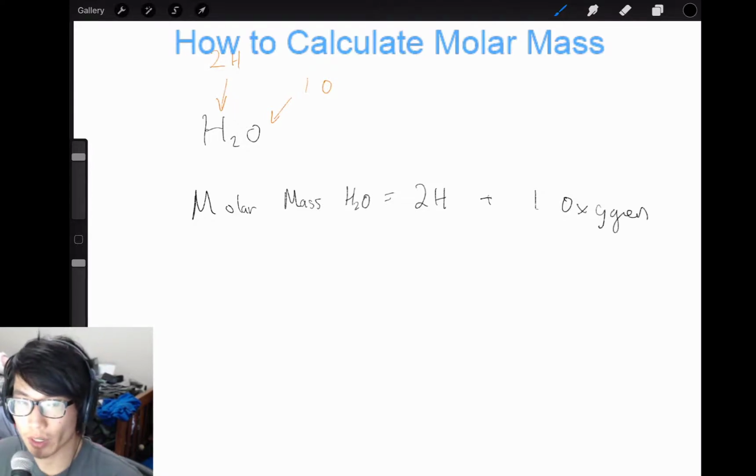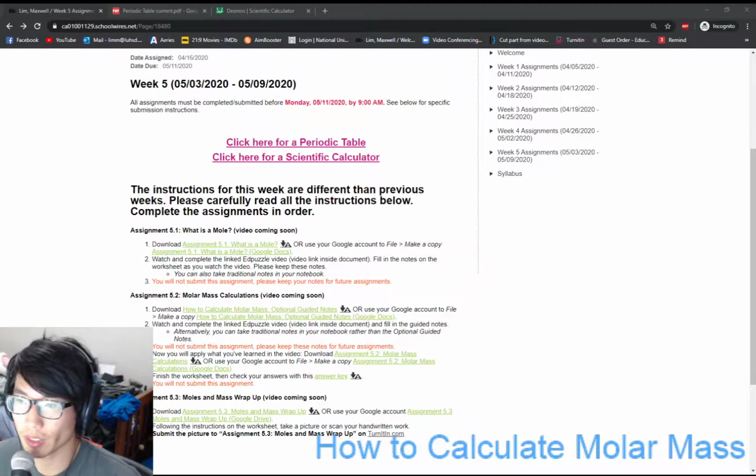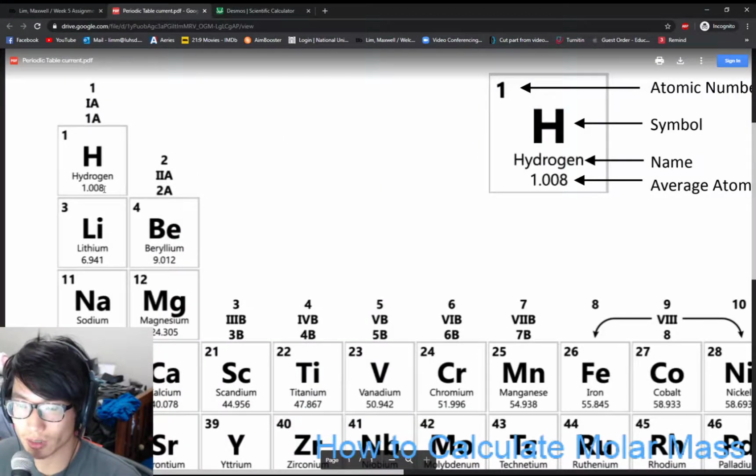But I need to find out what is the mass of 1 hydrogen to begin with. And for that, we're going to use a periodic table. I put a periodic table in a scientific calculator right here for you guys. So I need to find the mass of hydrogen. I look on my periodic table and it says 1.008.